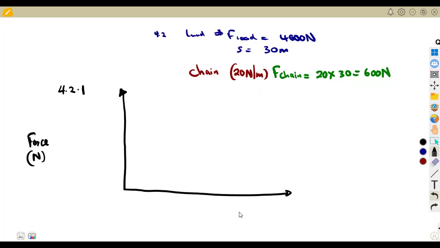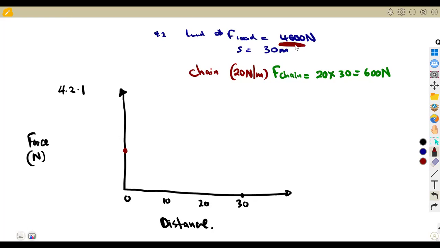On your distance, the distance is the most important because it's 30. So maybe this is 0, this is 10, this is 20, this is 30. At 30, it must correspond with the force, which is the weight of the load.